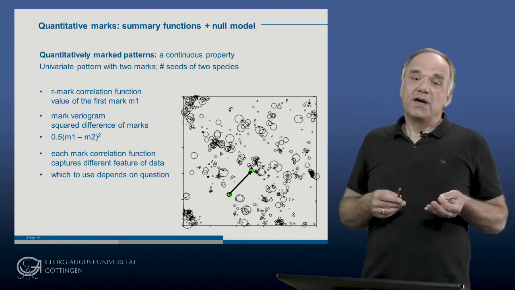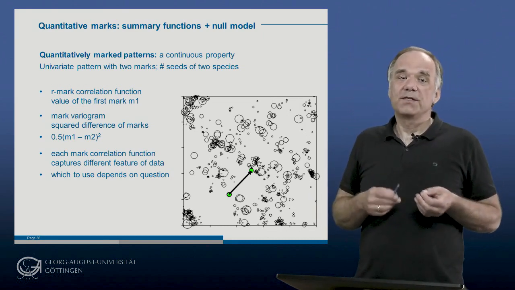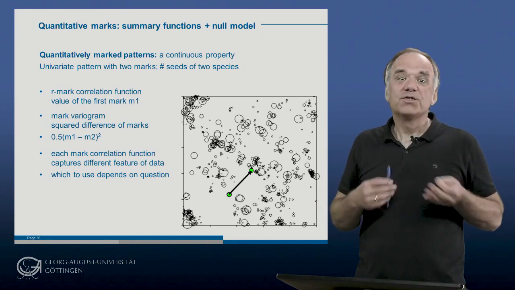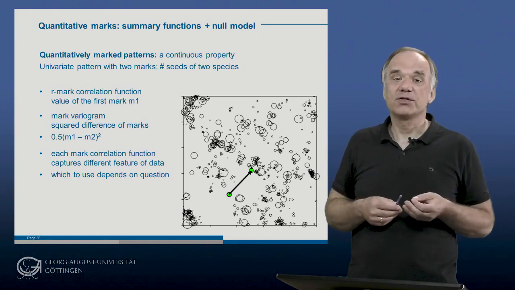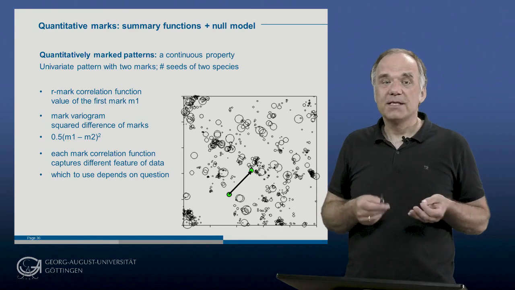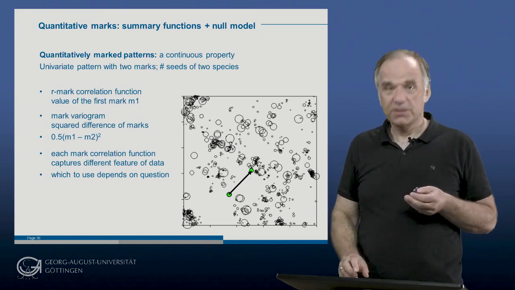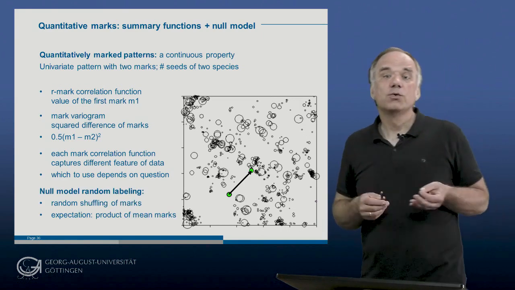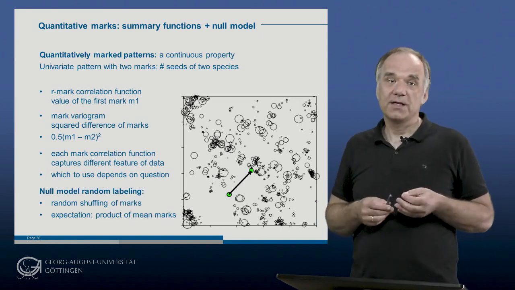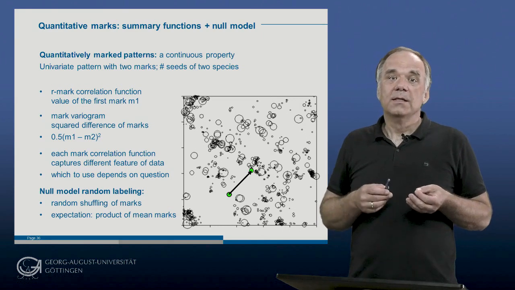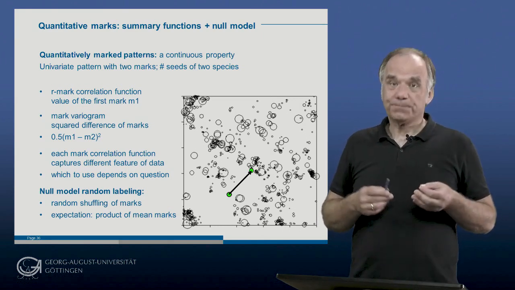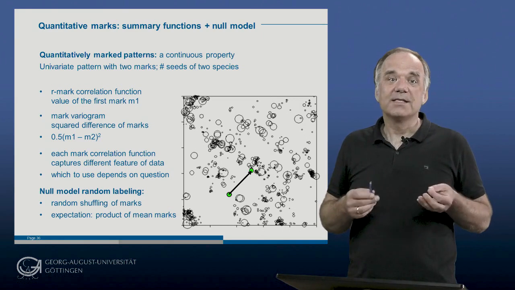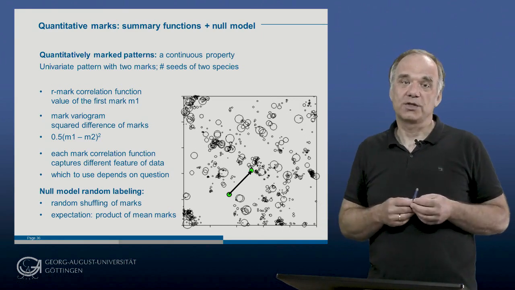Each mark correlation function captures a different feature of the data. Which mark correlation function to be used depends on the specific research question asked. The suitable null model is again random shuffling of the marks, but now this is done in a way that depends on the very specific data structure.